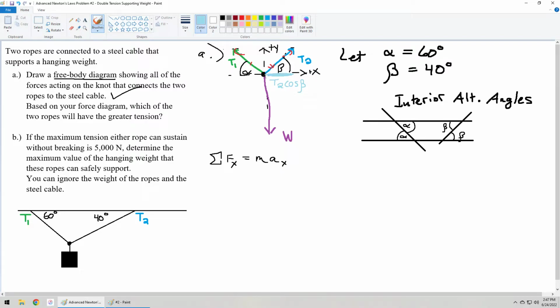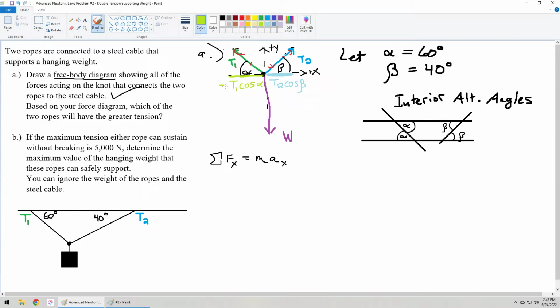And similarly, but in the opposite direction, if I draw with this very light green color, right here, there we go. Here we have T1 cosine of alpha, but because it's pointing in the negative x direction, it's negative.